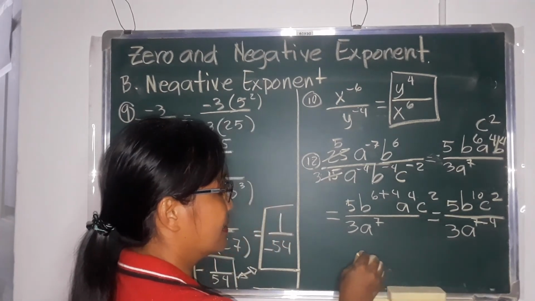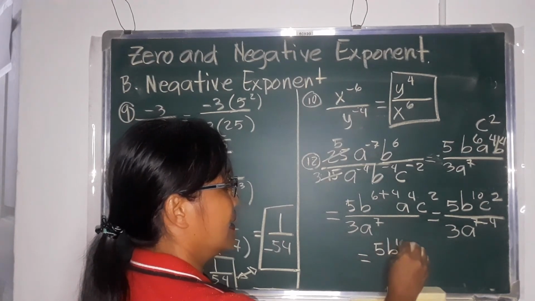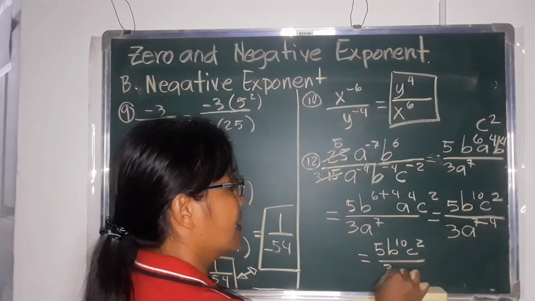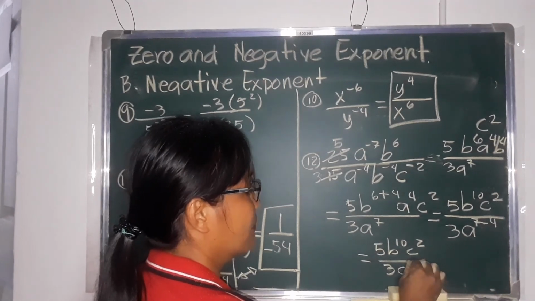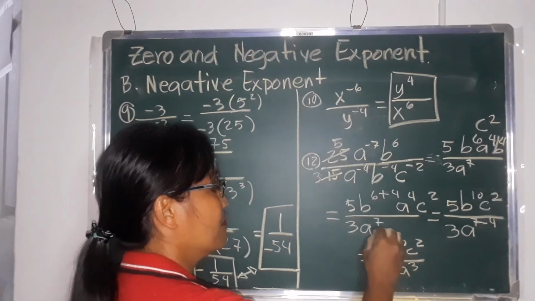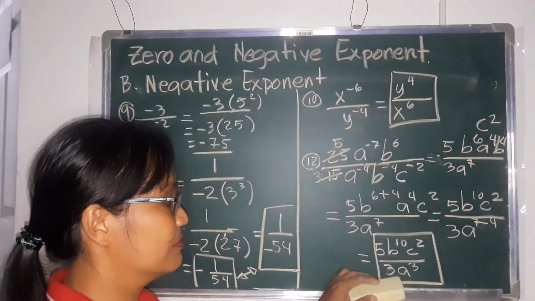And follow the greater exponent, right? So 5b to the 10 c squared all over 3, copy base a. Then 7 minus 4, we have 3. So our final answer is 5b to the 10 c squared all over 3a cubed.